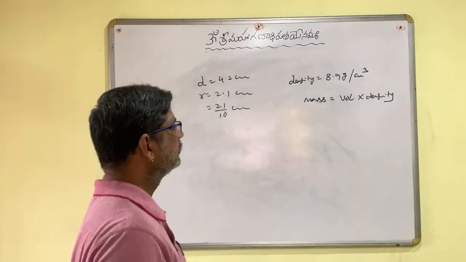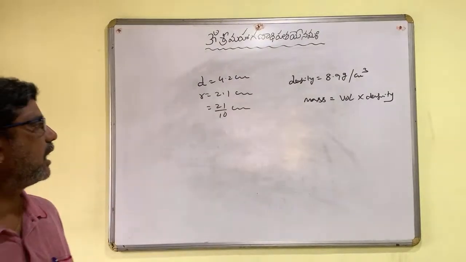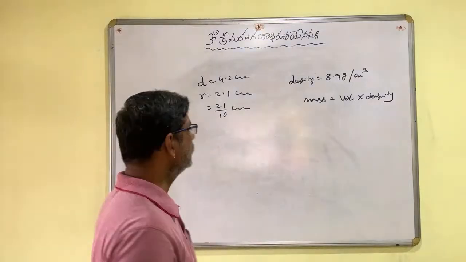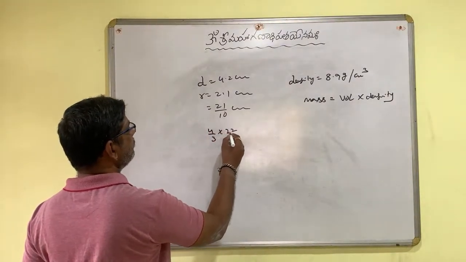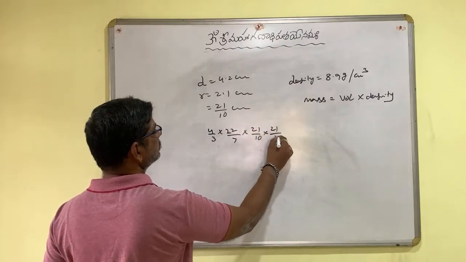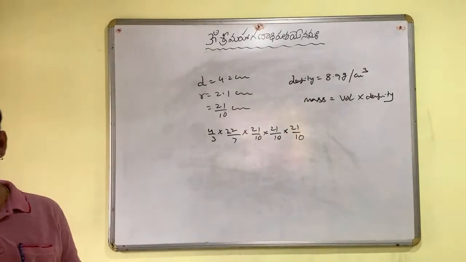Okay. So first we need to calculate the mass of the ball. No, the volume of the ball. Volume of the ball is 4 by 3 pi r cube.